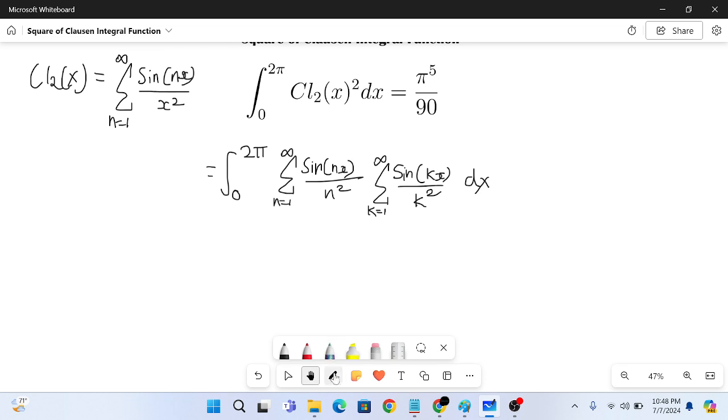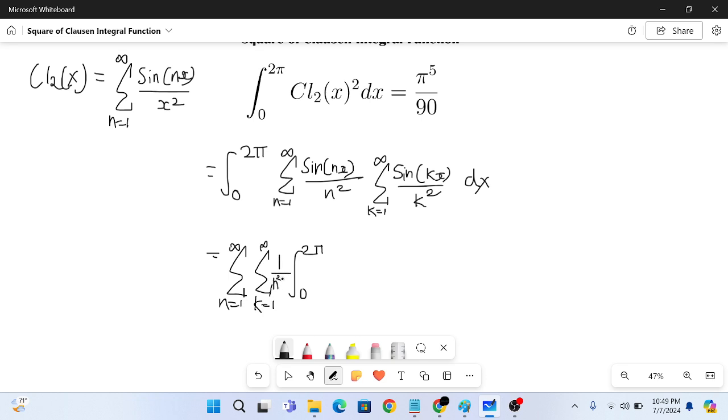Okay, now these are the definitions. Now we will try to interchange the sums and the integral. So we have the sum from n equals 1 to infinity, the sum from k equals 1 to infinity, and then the integral from 0 to 2 pi. Yes, and this n square and k square are just constants for the integral.